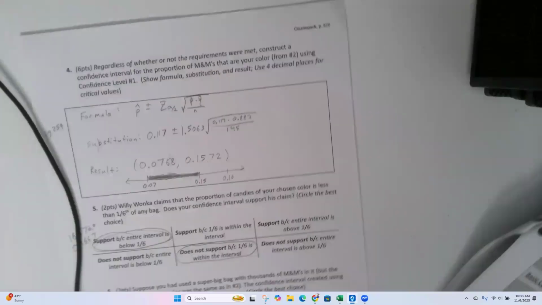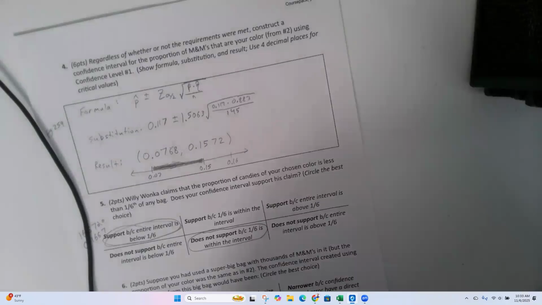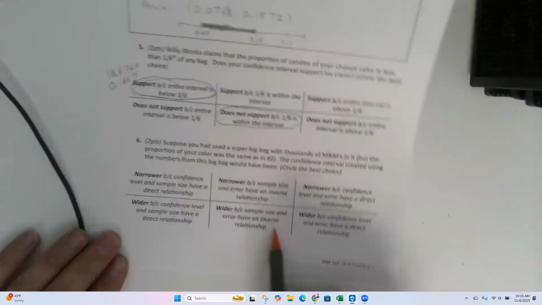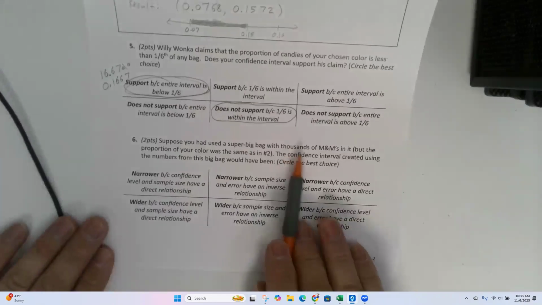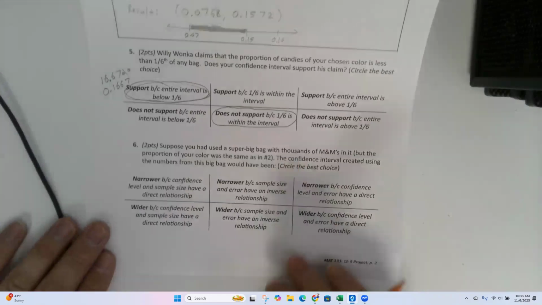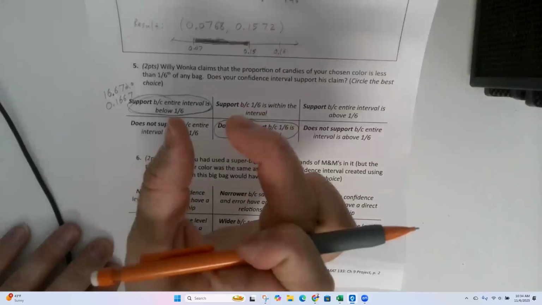The way I like to remember it is, a larger sample size is going to lead to your result being more accurate. That is almost always the case. So if I'd had a larger bag, I would have had a larger sample size, which means I would have been more accurate. More accurate means I would have been looking at a thinner area.